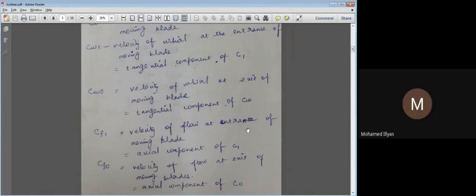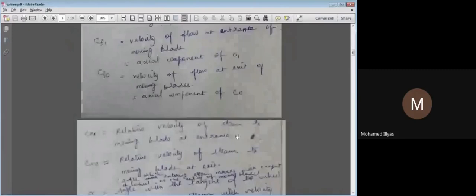Once you finish this, next CR1, CRO are the relative velocity of the steam to the moving blade at inlet and outlet respectively.